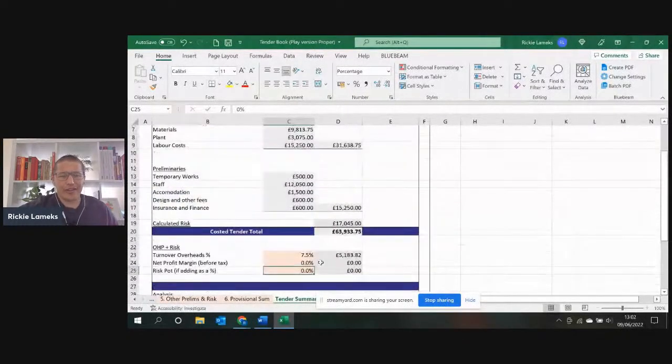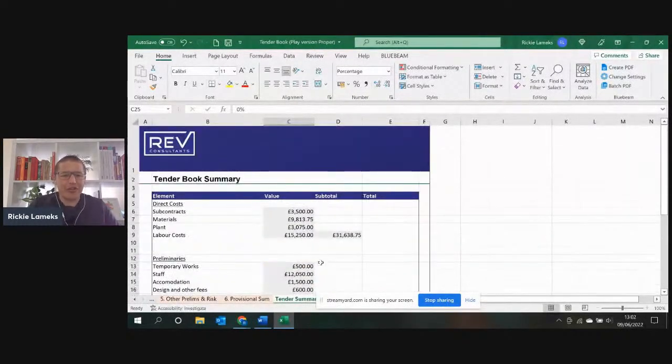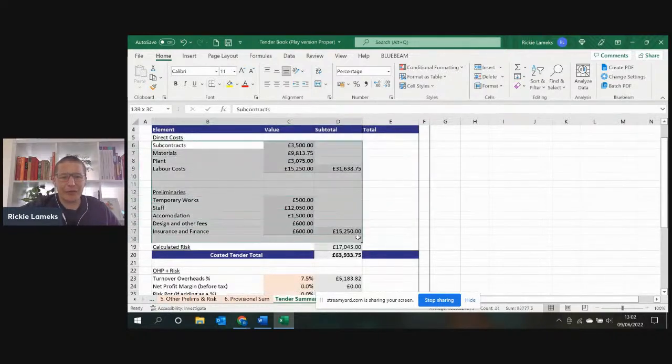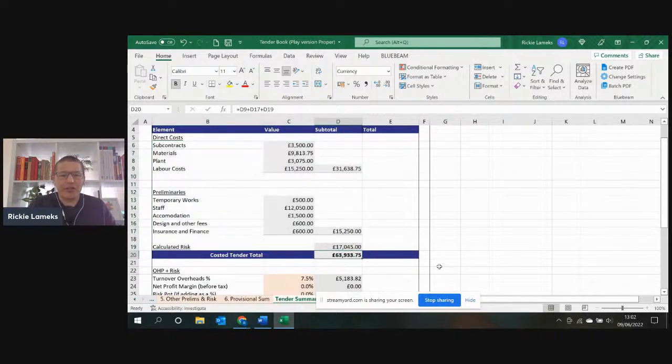Okay, so here is my summary sheet of my estimate. Completed these figures through the previous lives that we did to build this up. So we've come to a costed tender total, including a little bit of calculated risk, of 63,933, i.e. we believe from our knowledge of the job and our estimate that this job is going to have a cost to us of 63,933.